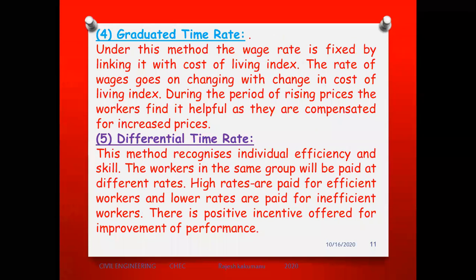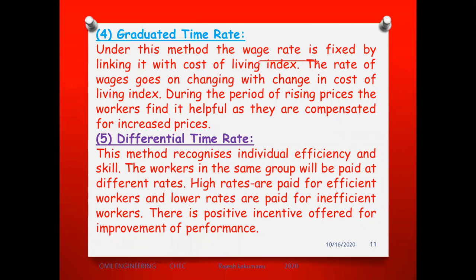Next, graduated time rate. Next one is graduated time rate. In this method, the wage rate is fixed by linking it with the cost of living index. So how the worker lives depends upon the cost of living index. The rate of wages goes on changing with change in the cost of living index. During the period of rising prices, the worker finds it helpful as they are compensated for increased prices.